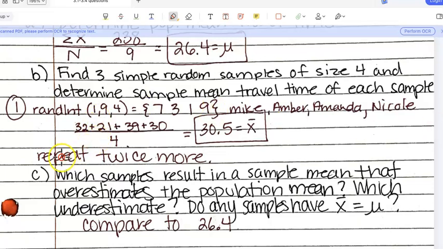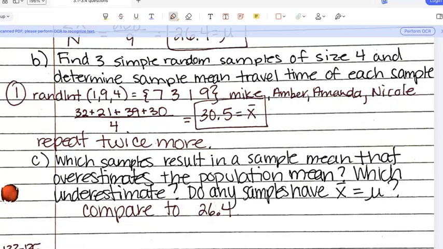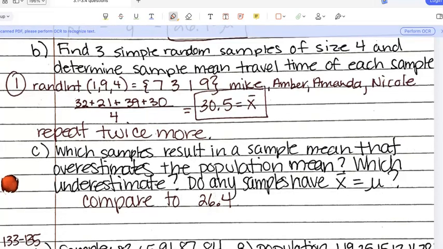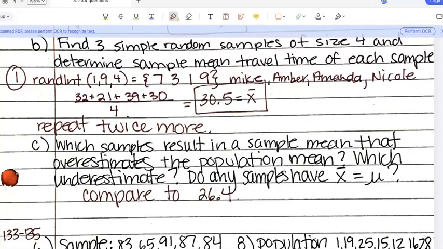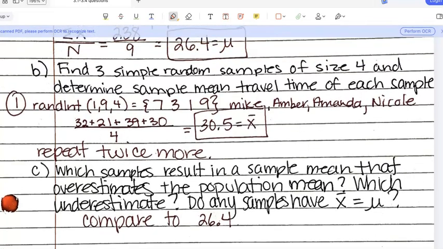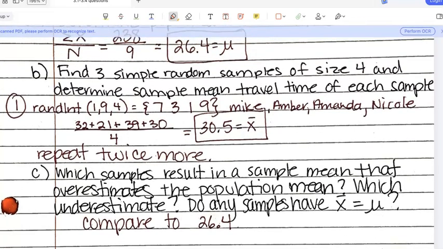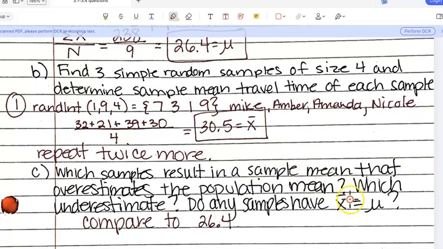So you need to do this twice more. So I don't care if you use StatCrunch or the table or if you use the calculator, but you need to have 2 more samples of size 4 and show your means for each of those. Part C then asks which samples result in a sample mean that overestimates the population mean, which underestimate, and do any samples have the sample mean equal to the population mean?